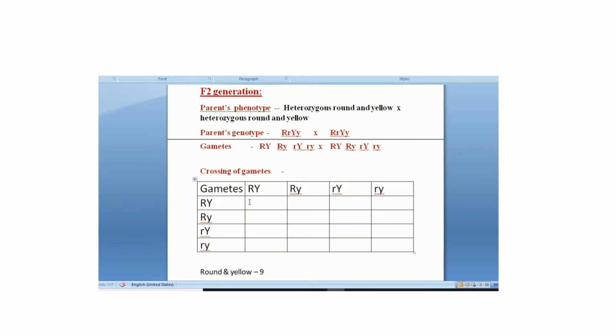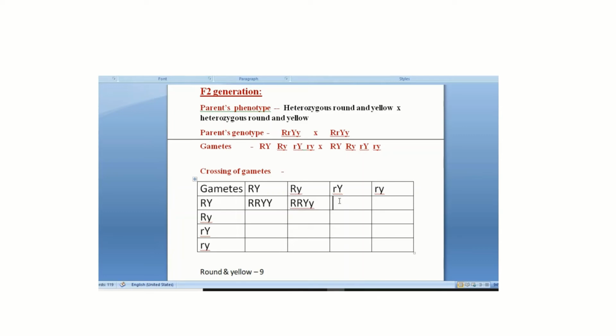So the first one I will do now, you can see. It is capital R, capital R, capital Y, capital Y. How did I get this? I crossed this with this. So capital R, capital R, capital Y, capital Y. Now this with the second one. So we have here capital R, capital Y, small y.